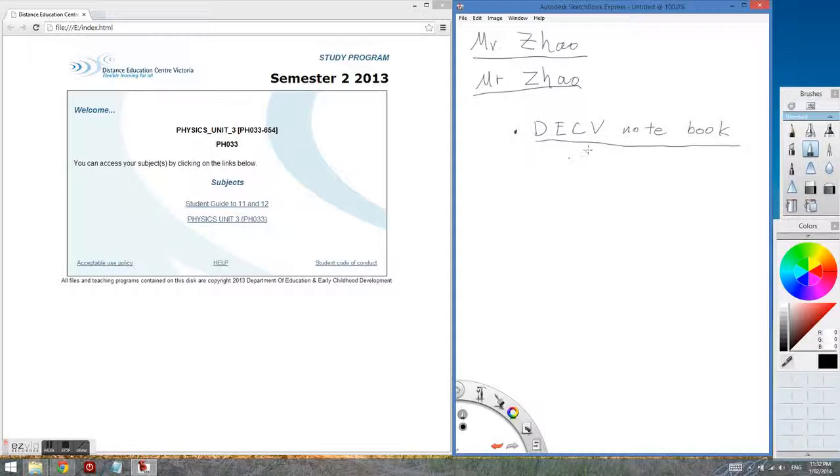It has a yellow front cover with a photograph of Albert Einstein. Also, with the notebook, there's an appendix booklet for Unit 3.